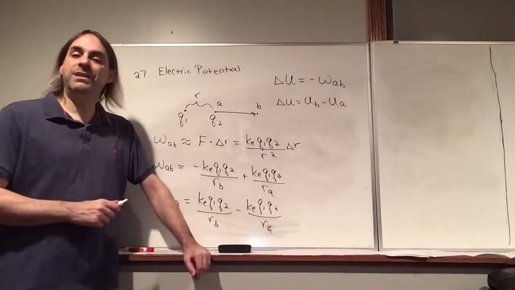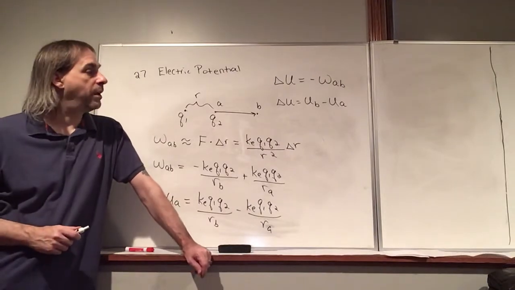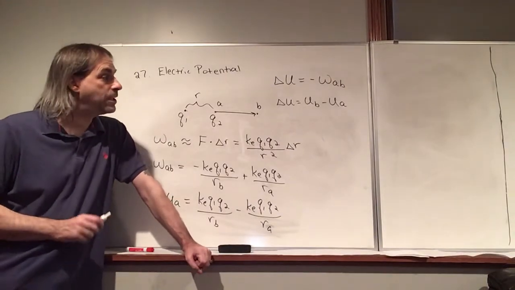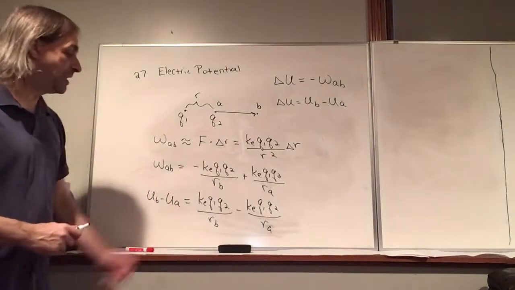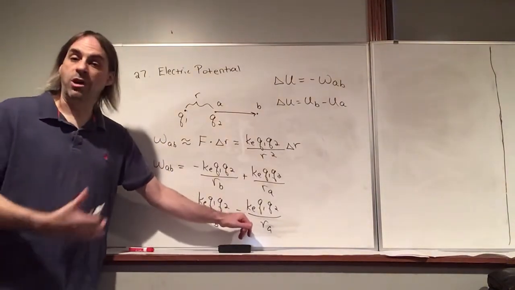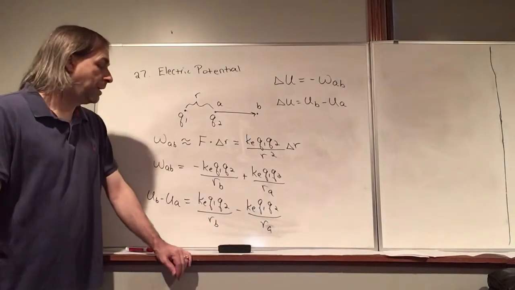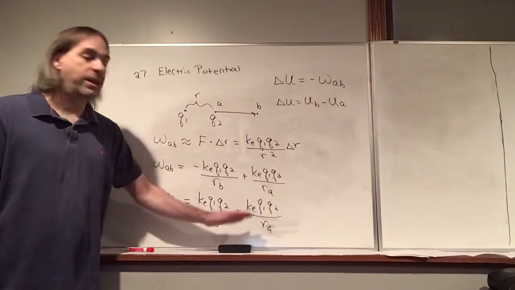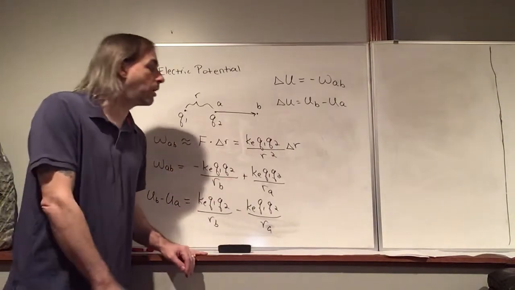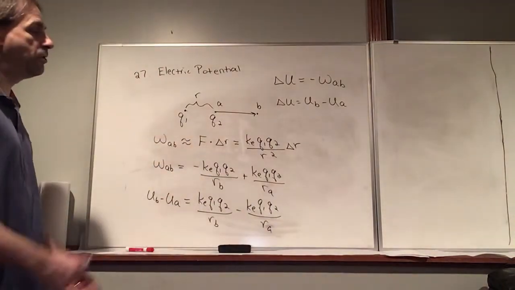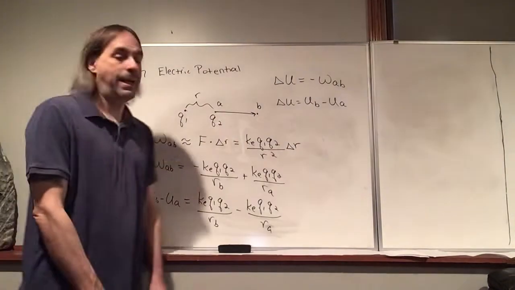The problem is that we cannot do this with the electrostatic case, because we can't just set r equal to 0, because then we're dividing by 0. And really, there's nothing we can plug in for r that's going to make something 0 naturally occur. And so what we do is we define what's called a point at infinity.